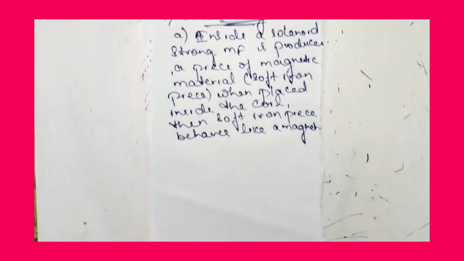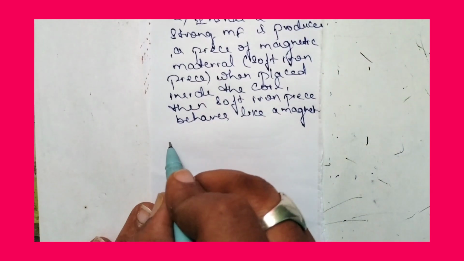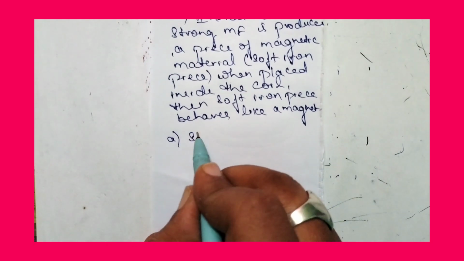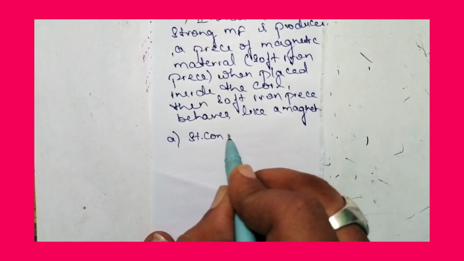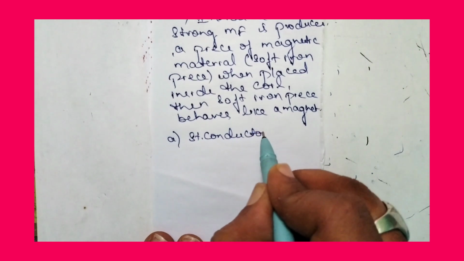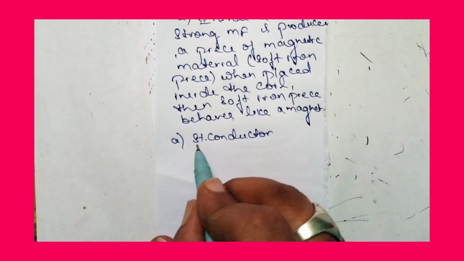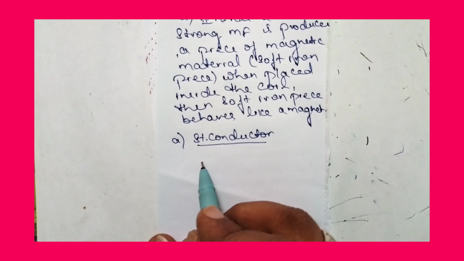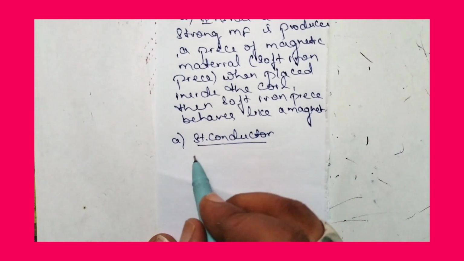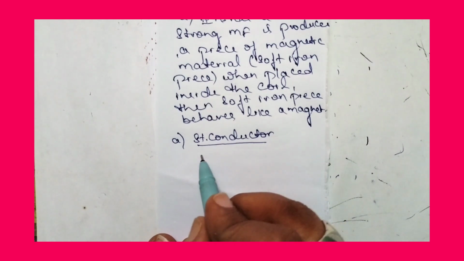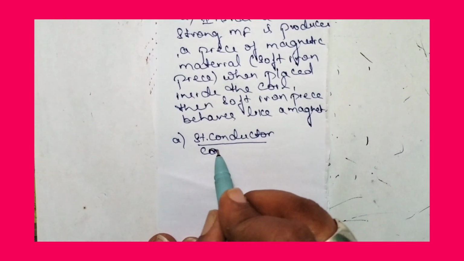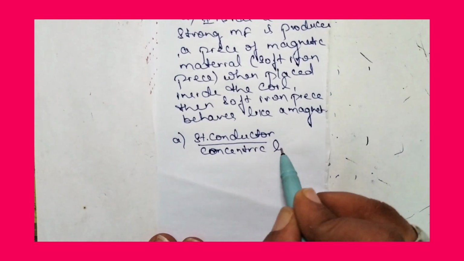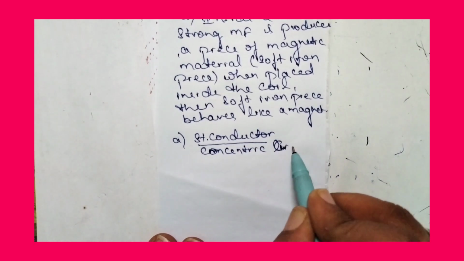So the things we have to know are, first, the magnetic effect due to current in a straight conductor. In a straight conductor, what is the pattern of the magnetic field? So around a straight conductor, the magnetic field lines will be in the form of concentric circles.